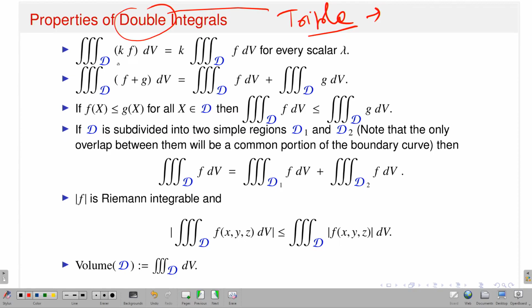Now if I multiply it by a constant, kf, k times f, where k is a constant, what will happen? k will come outside of the integral.